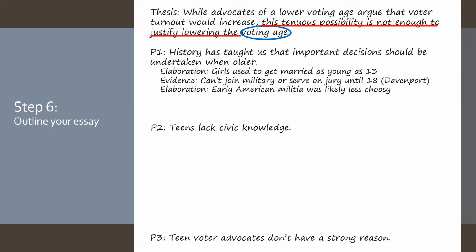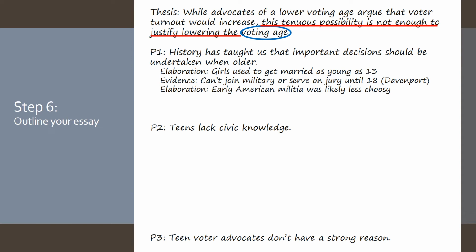Now, because I'm focusing on that, I might leave out the evidence here that they can't serve on a jury until they're 18. That doesn't really serve my purpose. So I might take that out and just say that they can't join the military when I go to actually write this, because I don't want to bring up something and then not discuss it.